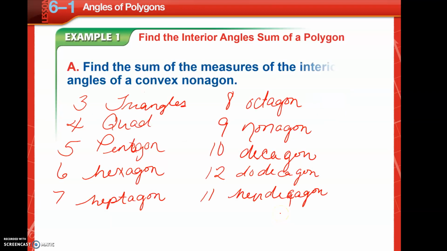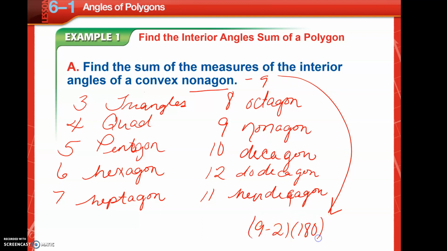But anyways, we see here we've got a nonagon, which is going to be 9 sides. So their sum is going to be 9 minus 2 times 180, so 7 times 180.